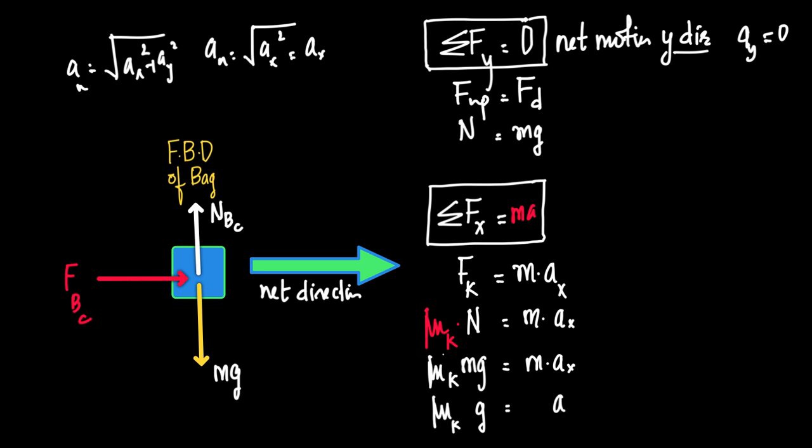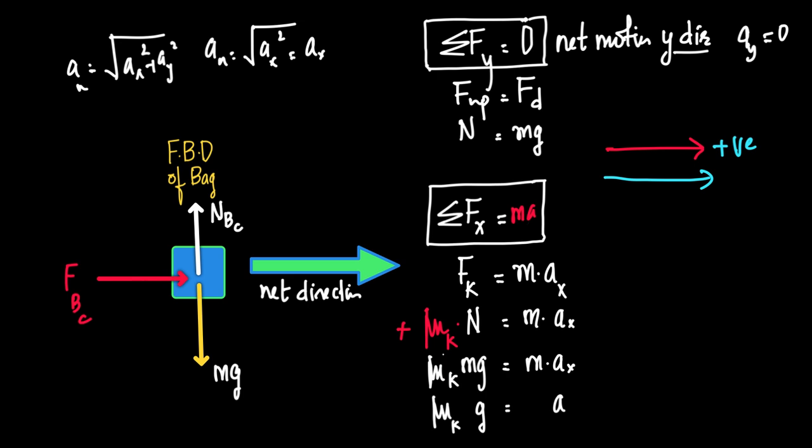Now let's see the forces. The direction of friction, this is the direction of motion. So since friction is acting along the direction of motion, we will take that as positive, which means friction is now causing the acceleration instead of retardation, right?